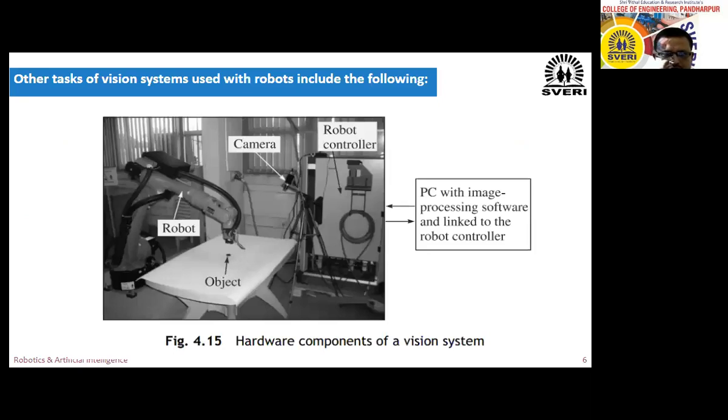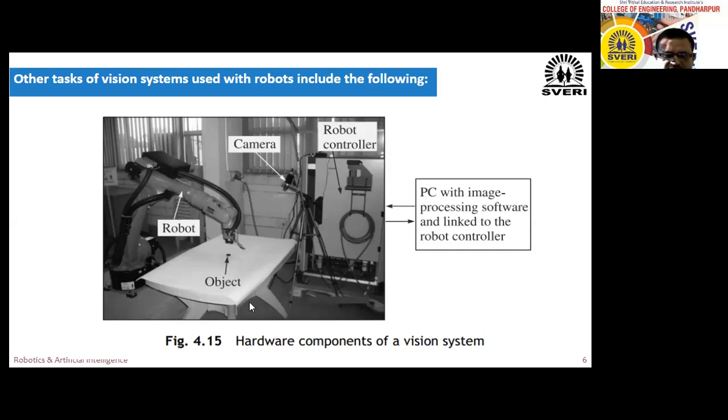Now, what are the different tasks that a vision system includes, or the different parts of the vision system? It is shown in the figure. This is the robot, this is the object, and this is the camera. Here there is also a camera, and this is the robot controller.